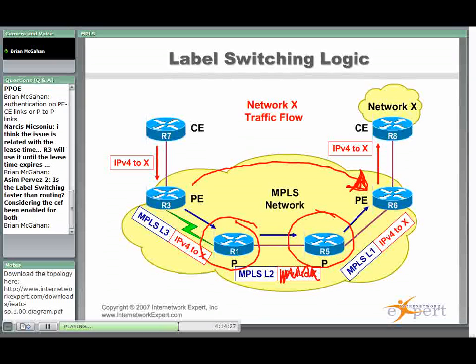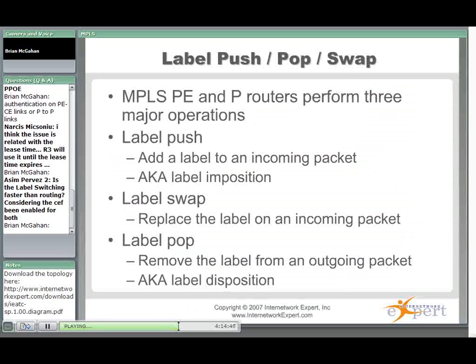What we can see is significant about this label switching is that router 1 and router 5 do not even need a route to get to destination X. The only thing that they need to know is what is the incoming label and what is the outgoing label in order to move traffic between router 3 and router 6.